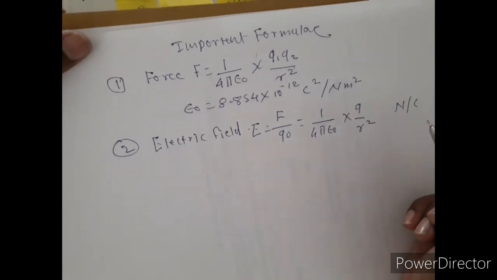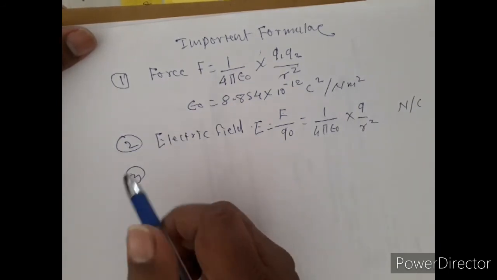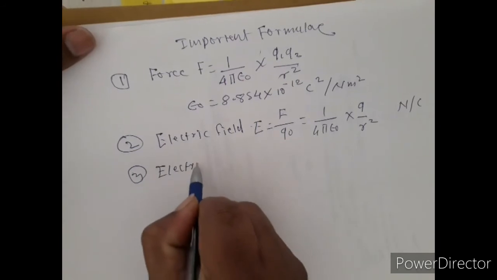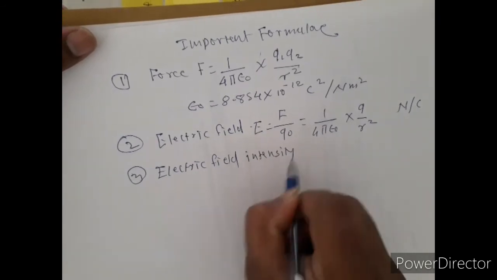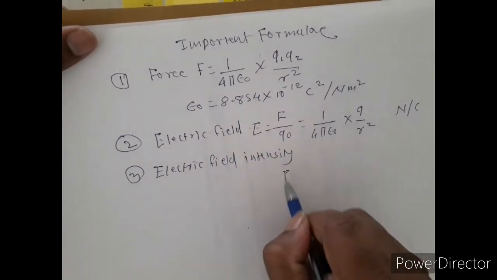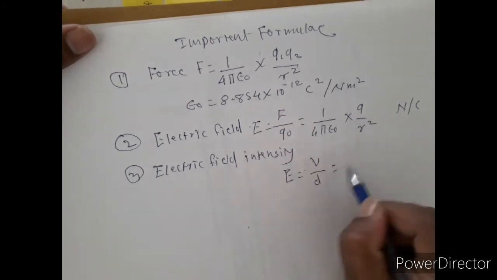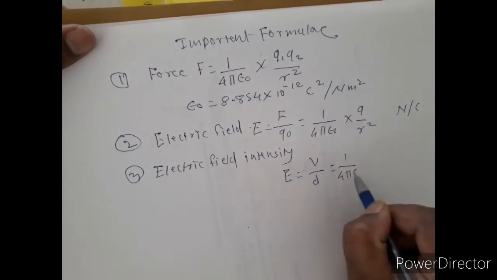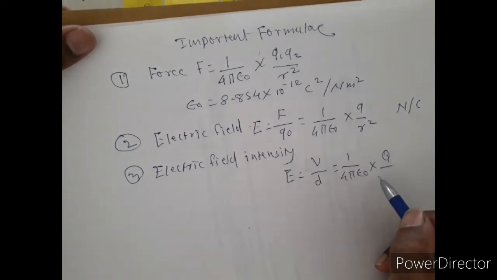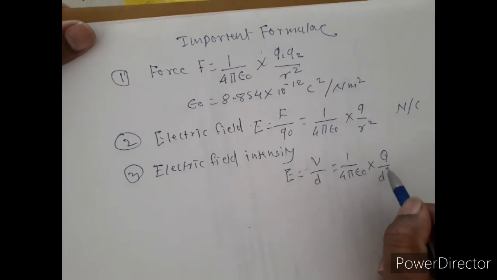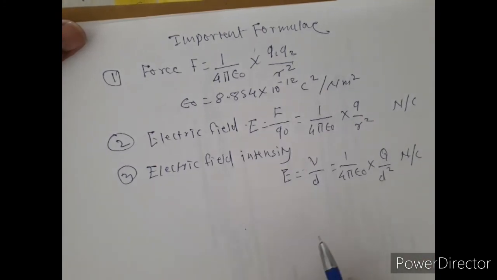Then third formula, electric field intensity: E is equal to V upon D, is equal to 1 upon 4 pi epsilon 0 into Q upon D square. Its unit is also Newton per Coulomb.